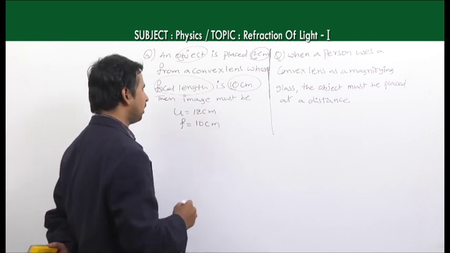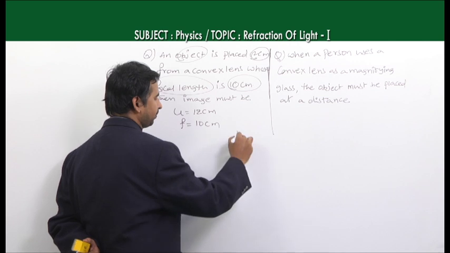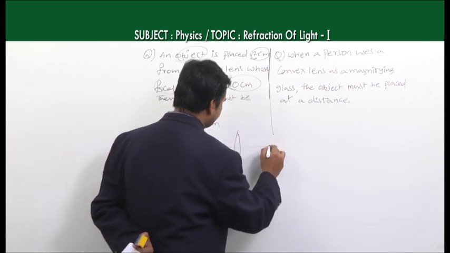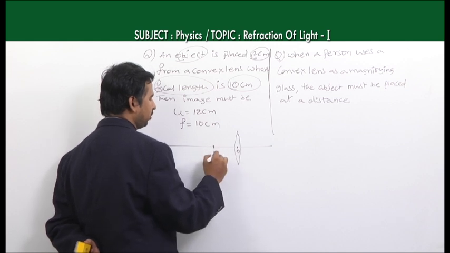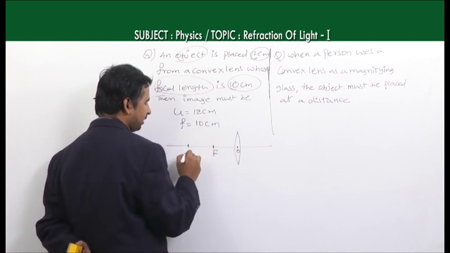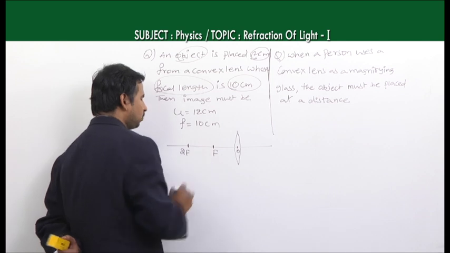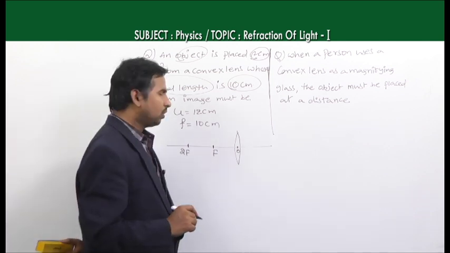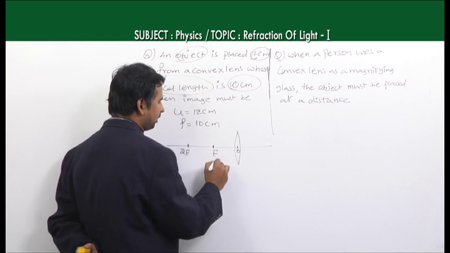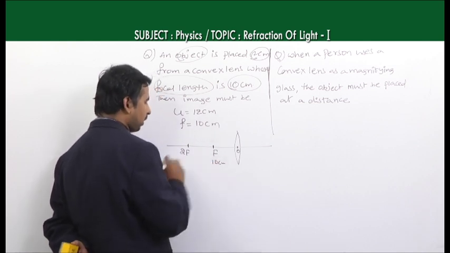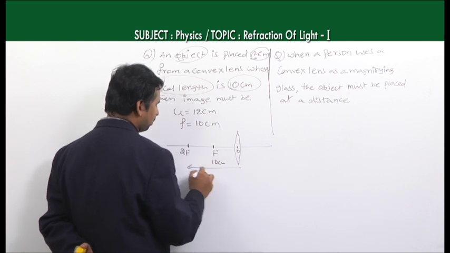In the case of a convex lens, this is the optic center, here you have the focus, and here we have the center of curvature, which is twice the focal length. The focal length given is 10 centimeters, and twice the focal length becomes 20 centimeters.